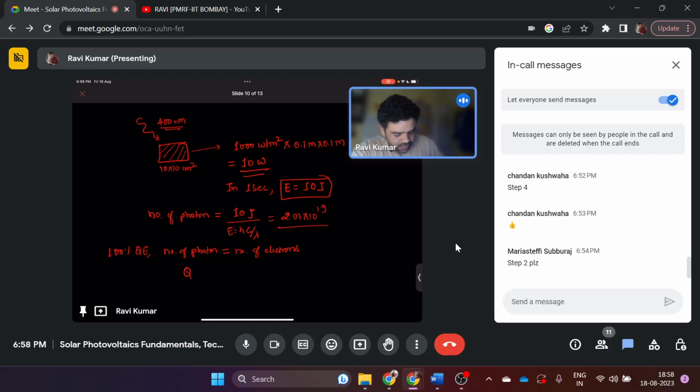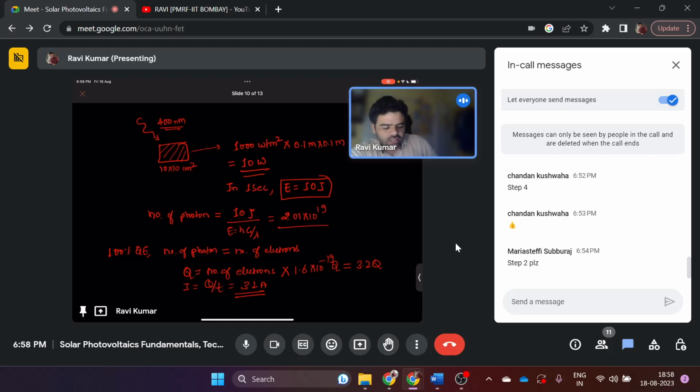So total charge will be the number of electrons into 1.6 into 10 to the power minus 19 coulomb, and we were getting it around 3.2 coulomb. And then for the current, just Q by T, and T was 1, so it was 3.2 ampere.